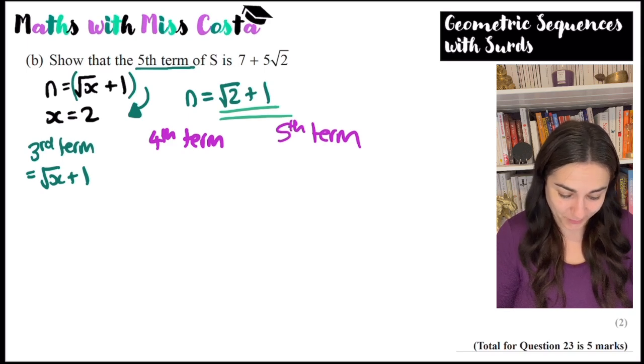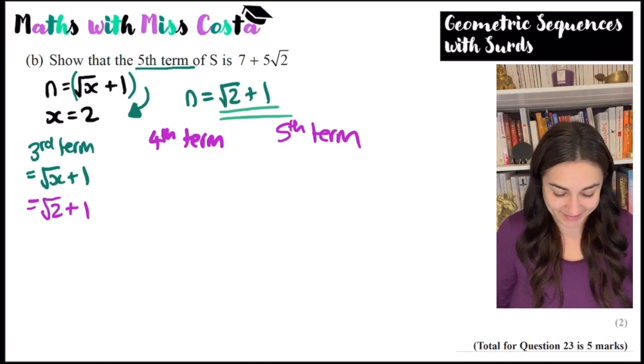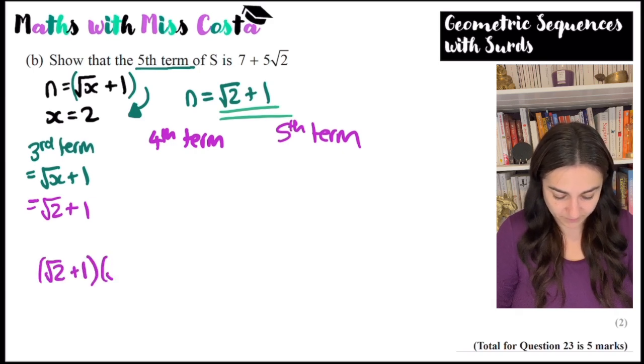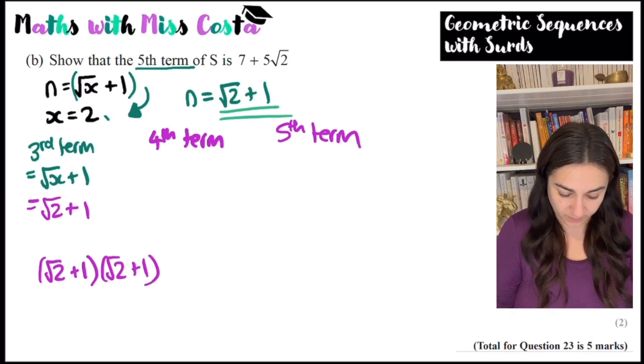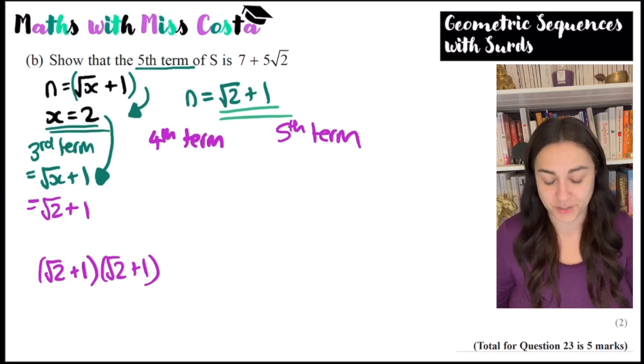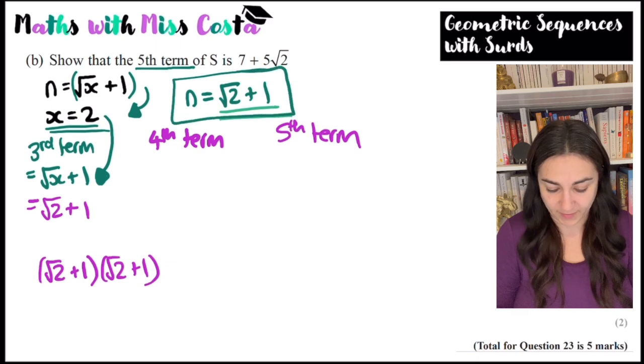I actually know what the third term is. I know that the third term is going to be root 2 plus 1. So I can just do that. My multiplier is root 2 plus 1. Remember, all I've done to work out that the third term is root 2 plus 1 is from the previous question I figured out that x is 2. And I'm multiplying by the scale factor.